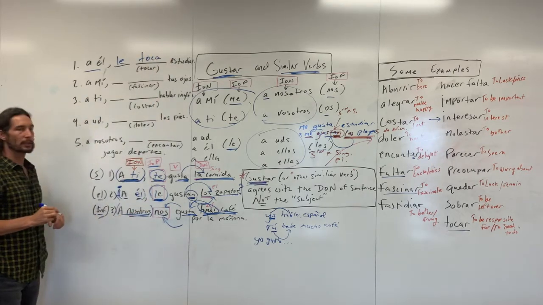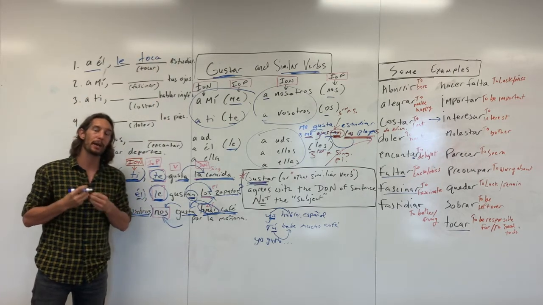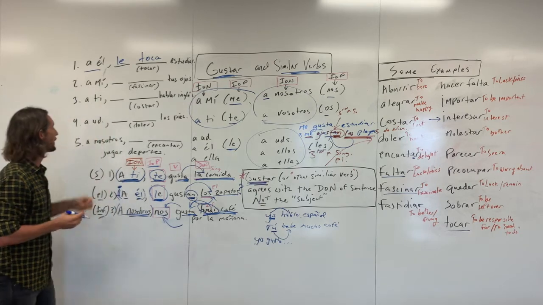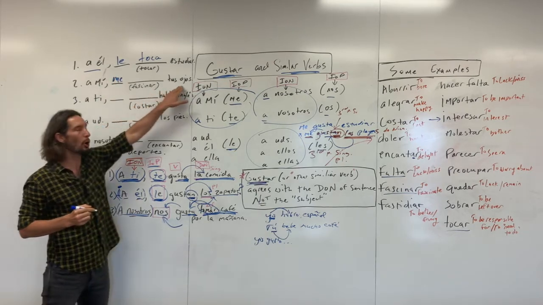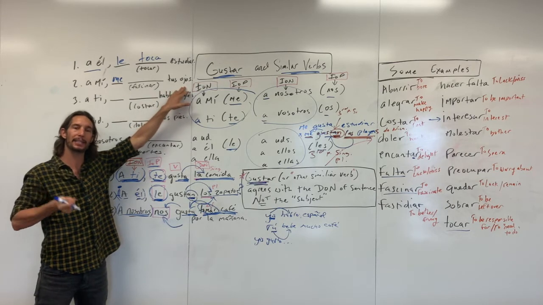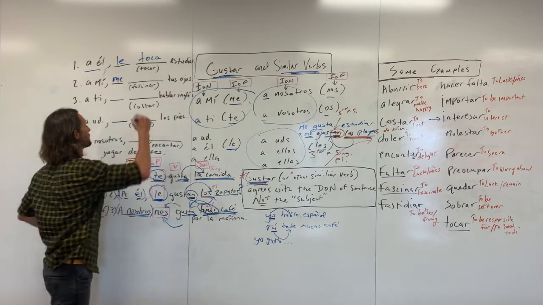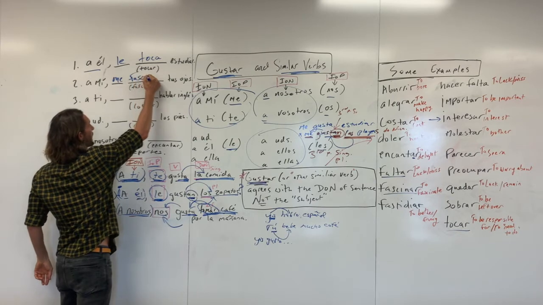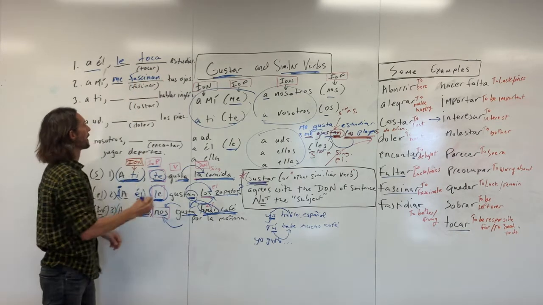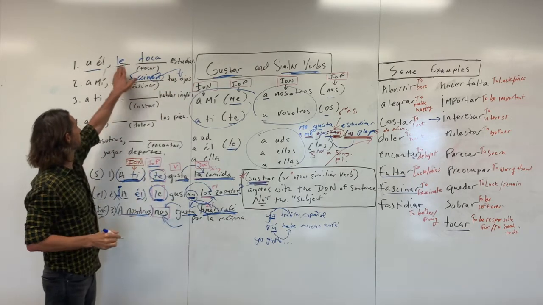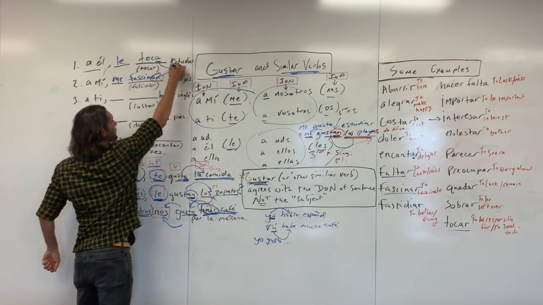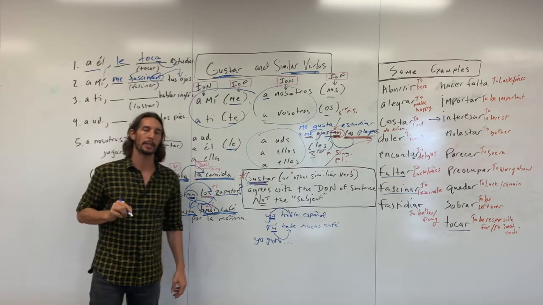A mí, that's our indirect object noun, and then you would put me, and then you have tus ojos, so your eyes fascinate me. So that's third person plural, so that's fascinan, right? Because this is agreeing with this. And so again, toca is third person singular because it's the infinitive.